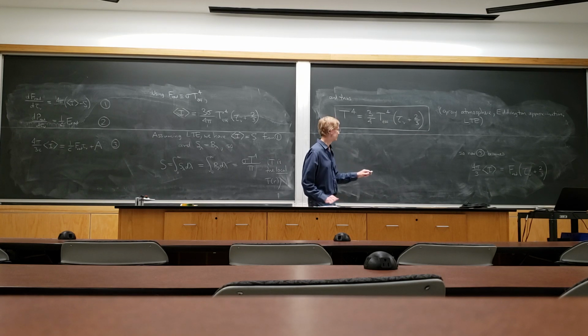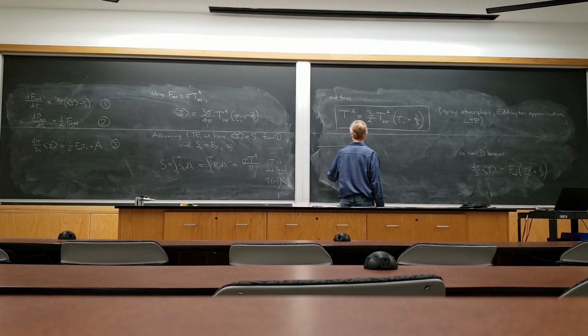So in other words, R at the top of the atmosphere is like the radius of the star, and as I go down, R is decreasing, but tau V is increasing as I go down.